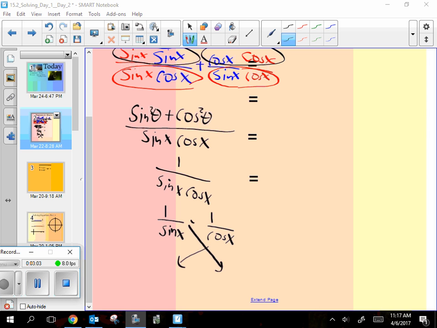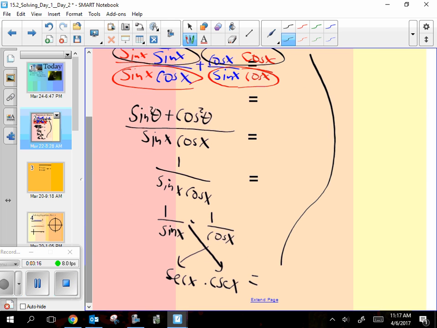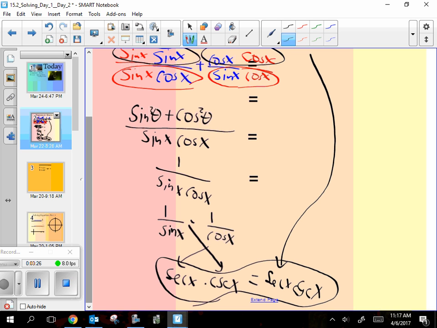And I'm going to say secant and then cosecant. And I bring the other side, which is secant cosecant, all the way down from up there. And it's identical. That is how you end the proof.